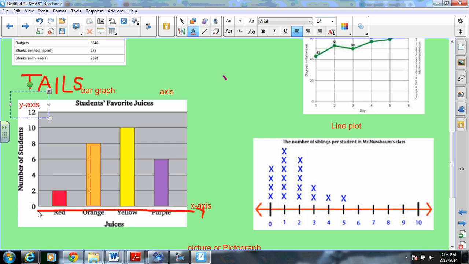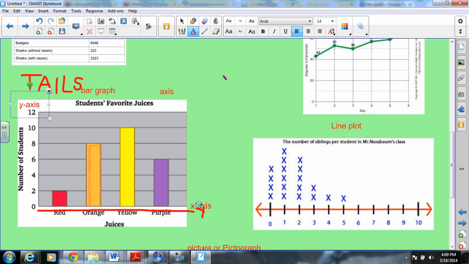The x-axis is the line here on the bottom. It's the floor of the graph, if you will. And then the y-axis is this line going up and down. It is the wall of the graph. As long as you have those two lines, you pretty much are good with your graph.